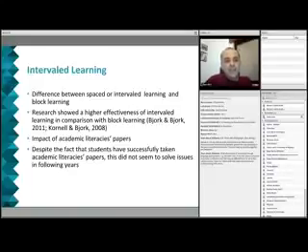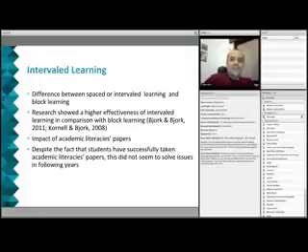What I wanted to talk to you about as well was the notion of interval learning. We came across this by reading Bjork, and by the way, Bjork the author, not the singer, and Bjork as well.